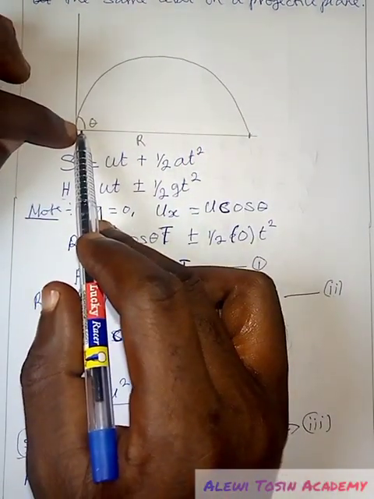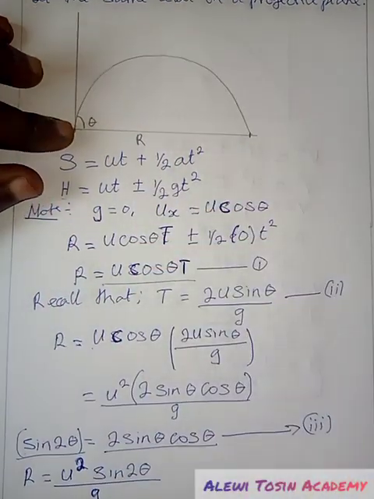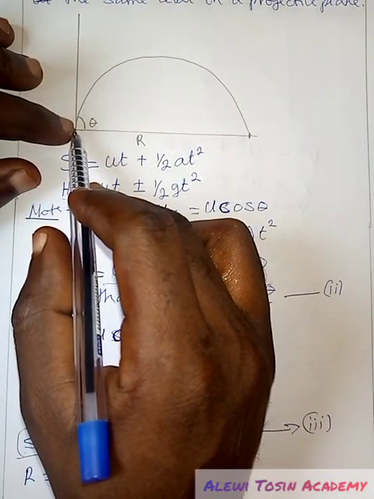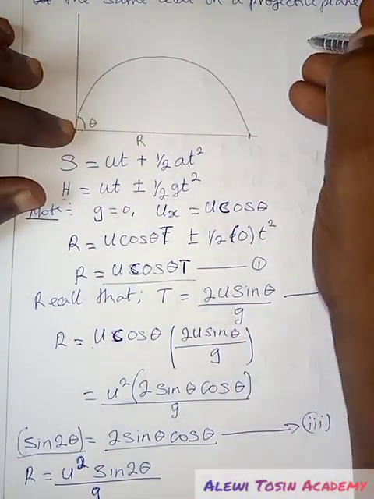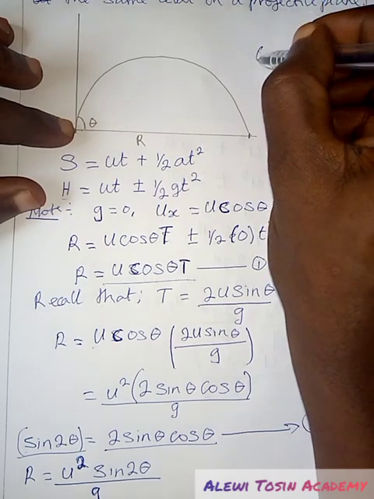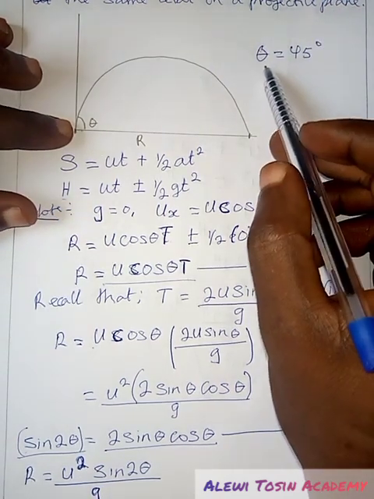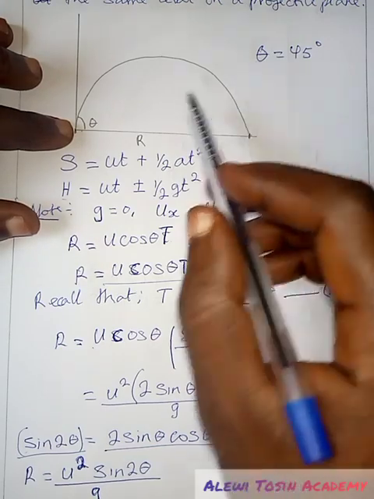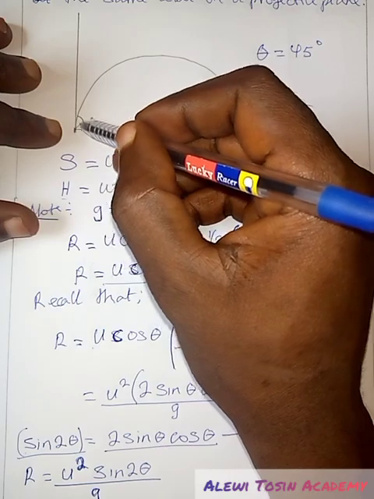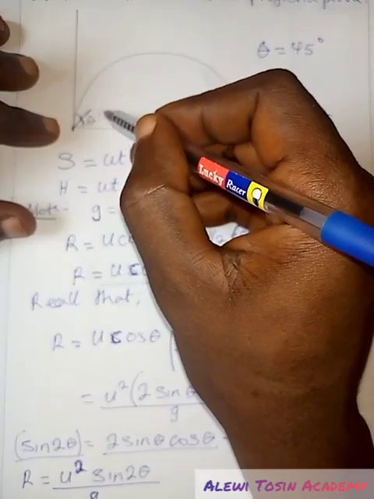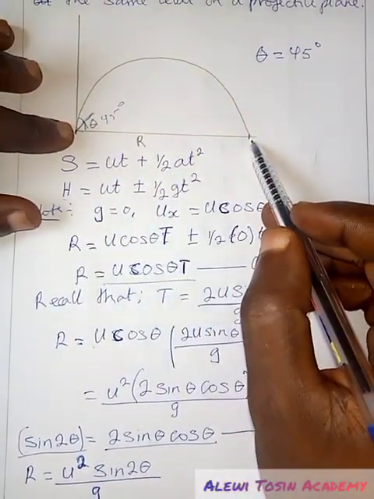The angle at which your projectile can be positioned to have a maximum range is 45 degrees. When you set your catapult to an angle of 45 degrees, it is proven that you have your maximum range.